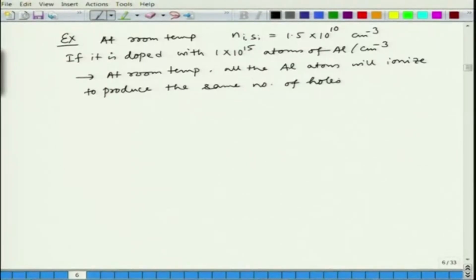So, we have seen that each electron that the aluminum will accept will create a corresponding hole in the valence band of pure silicon. So, equal number of holes.